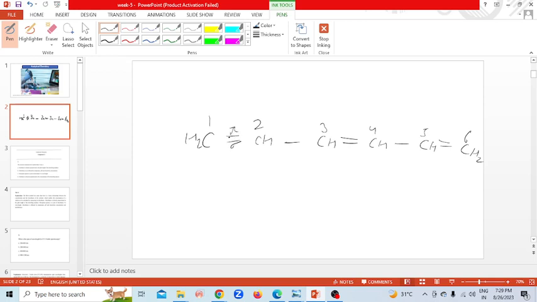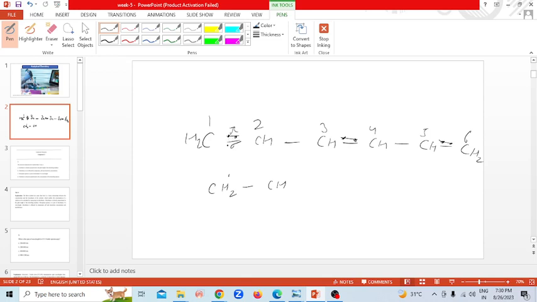So a pi bond means each pi bond is made by 2 electrons. So it will be 2 electrons here. Similarly, these 2 electrons are also there, similarly here also. So what will happen? It can be like that, CH2, CH.